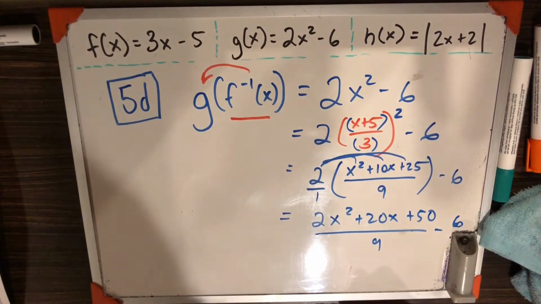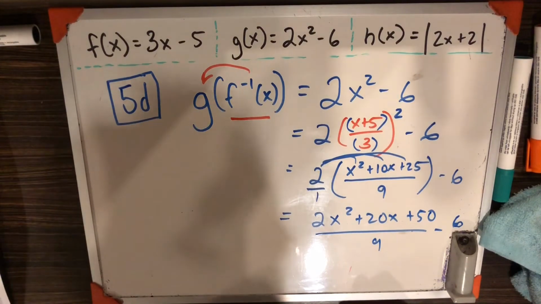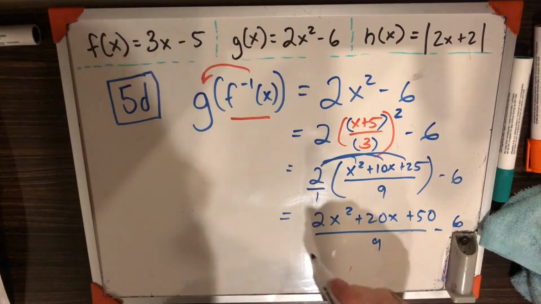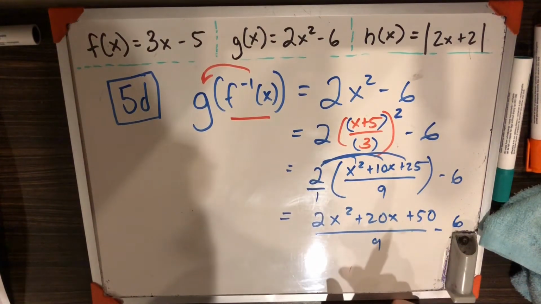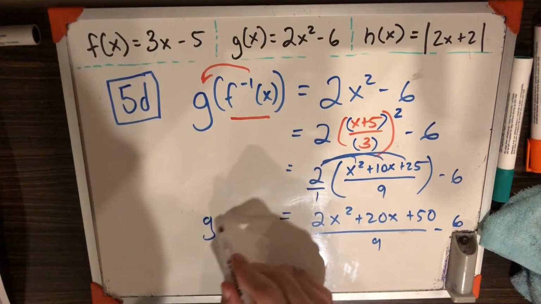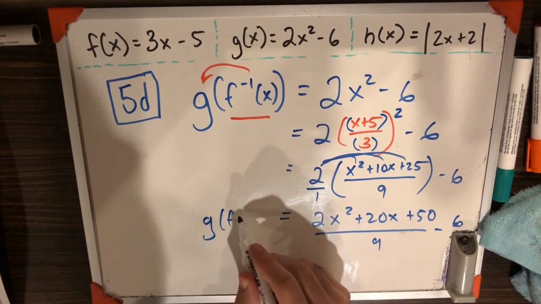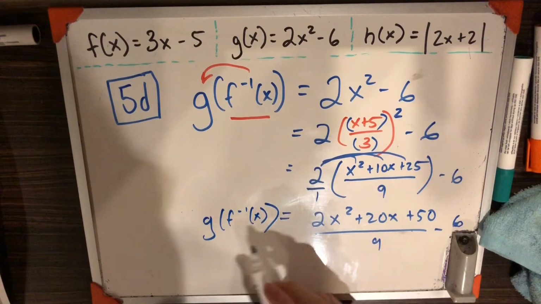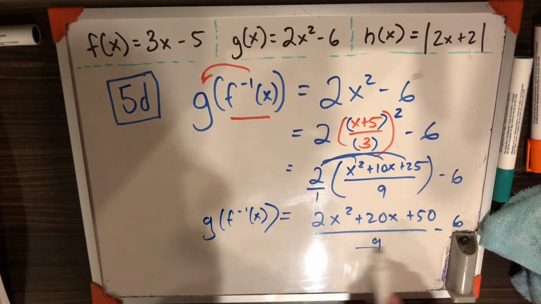Really, you can keep on going further, but this would be a nice way to stop. So you can stop your answer at g of f inverse of x. This is what this composition function should be equal to.